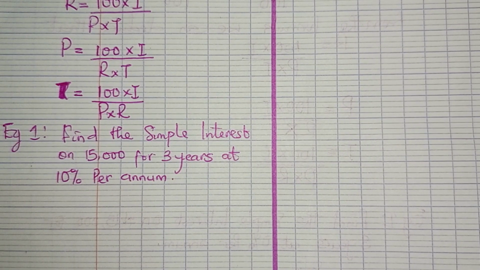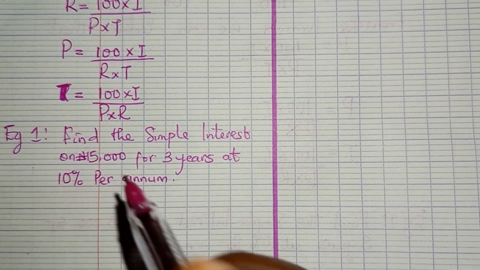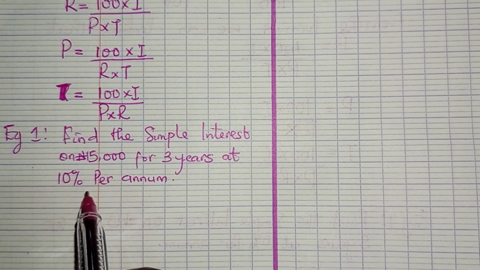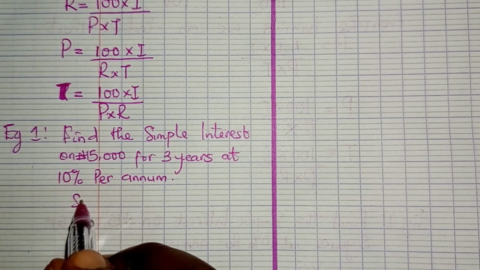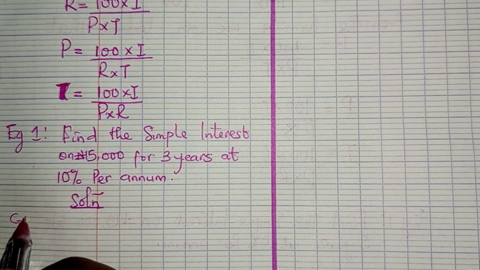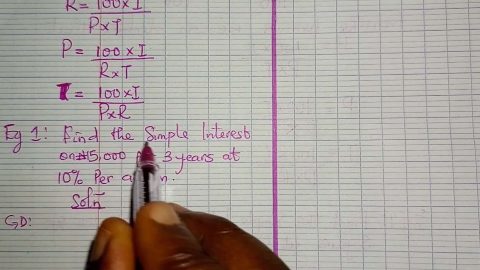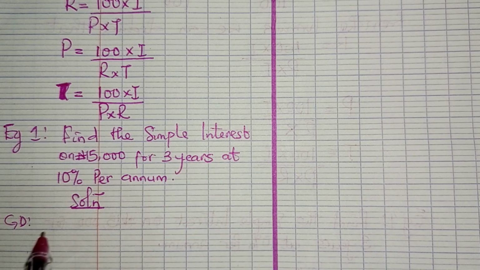Find the simple interest on 15,000 naira for 3 years at 10% per annum. Solution. Let's find our given data.